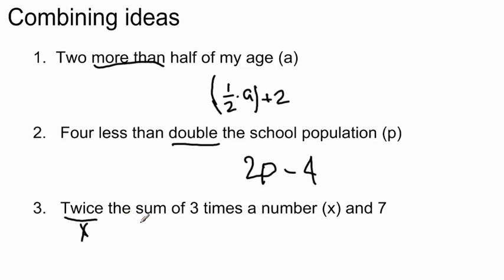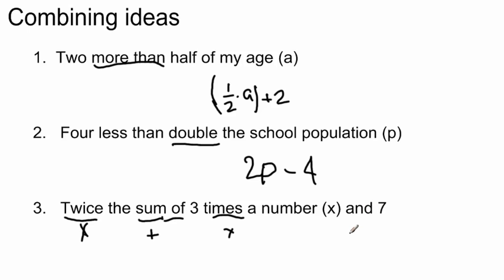The sum, I know that's an addition word, of, that's not multiplication, it still goes along with the word sum of. 3 times a number, that's going to be a multiplication. Oops, I'm calling the number x, that makes it even more confusing. So 3 times a number and 7.